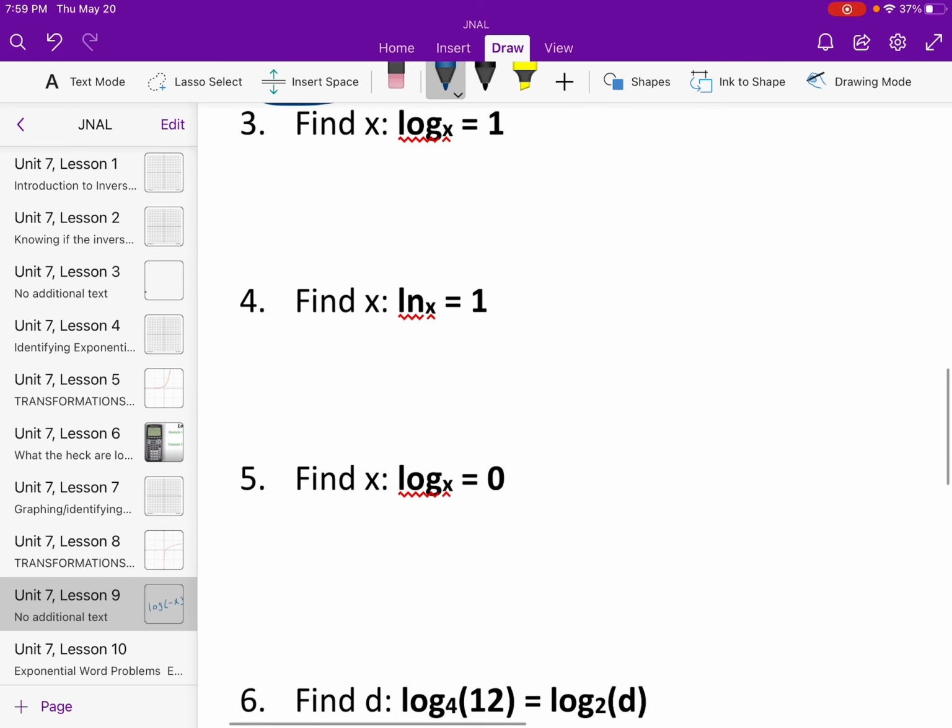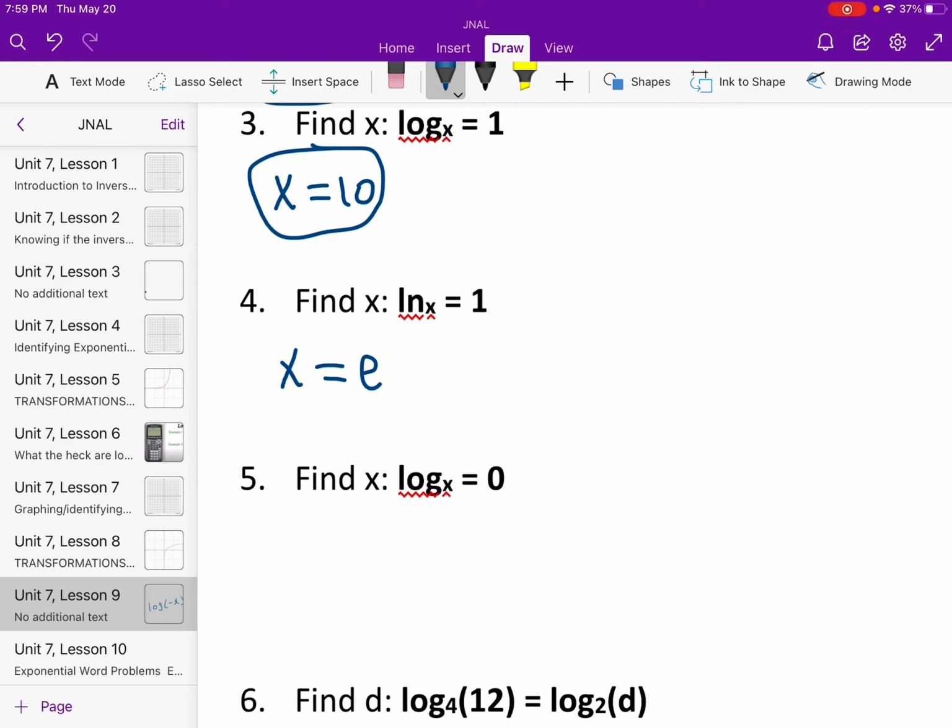Alright, 3 says find x. Well, we know if the logarithm of something equals 1, this is just a rule. You can't really solve anything, but you just know that x equals 10. ln of x equals 1. Well, that's again that rule, that x would have to be e.